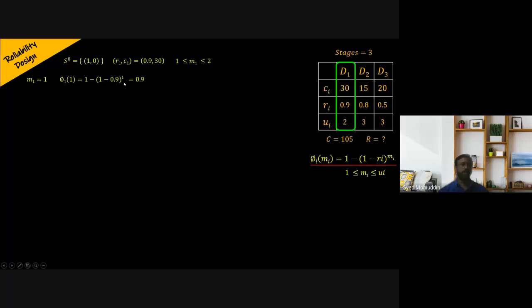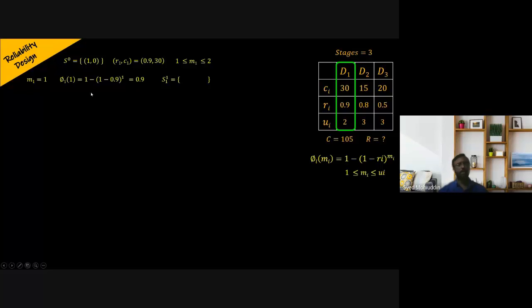So this gives us the reliability 0.9. Then if 2 devices are used at stage 1, we have to use M1 as 2 and compute that. That will give us a different reliability.